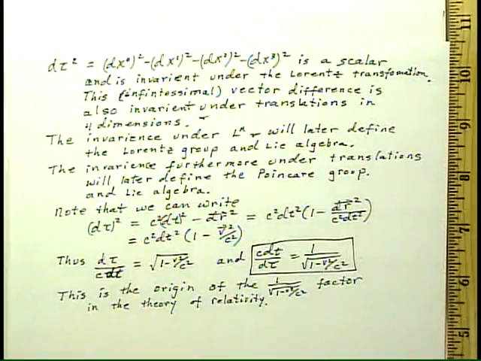What is the meaning of d tau? If we have an object which does not change in its position, in other words, has a velocity of 0, then the right-hand side of this equation becomes 1, and d tau becomes c dt when the object is not moving.